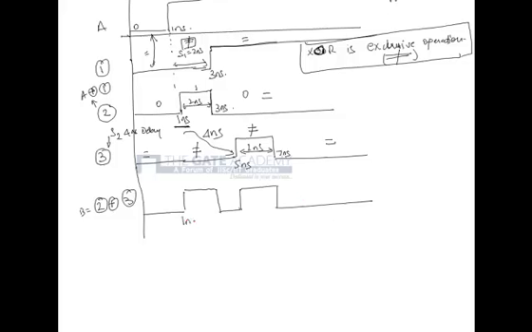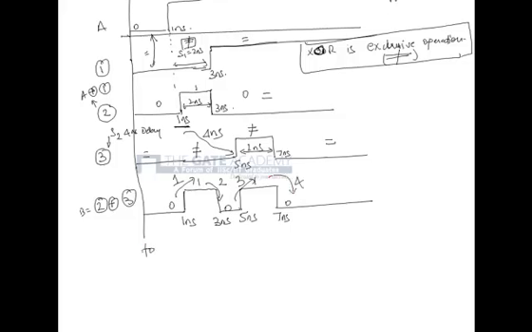So this is at 1 nanosecond, at 3 nanoseconds, 5 nanoseconds and 7 nanoseconds. So this is 0, 1, 0, 1, 0. So this is the first transition happening, this is the second transition, this is the third transition, this one is the fourth transition.